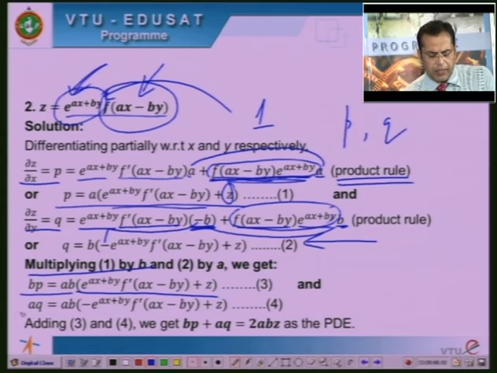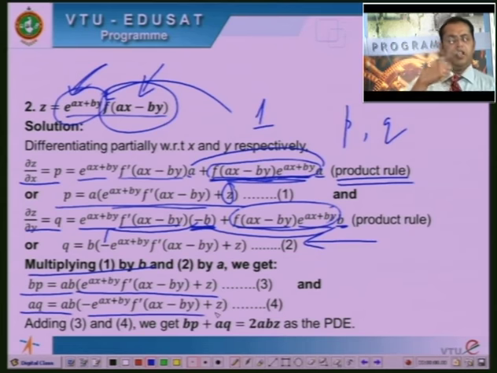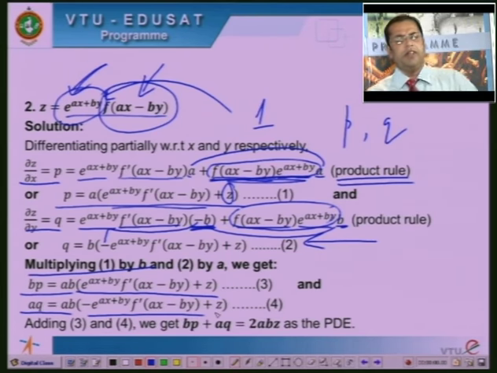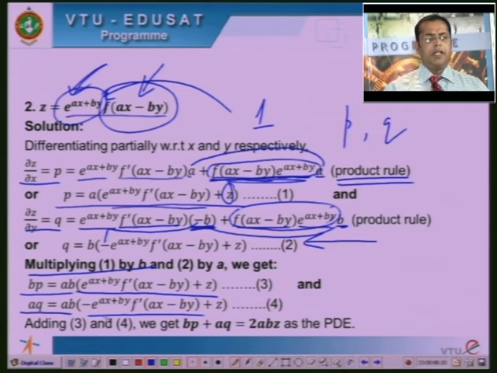Multiply equation 2 by a. You already have q in equation 2, so left hand side becomes aq. You have b common factor outside in equation 2, so if you multiply by a, it becomes ab again. So, it is ab into minus e power ax plus by into f dash ax minus by plus z.